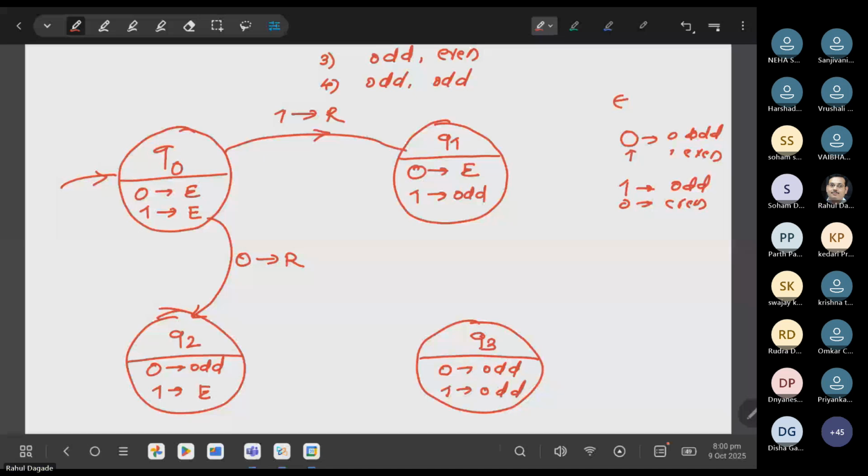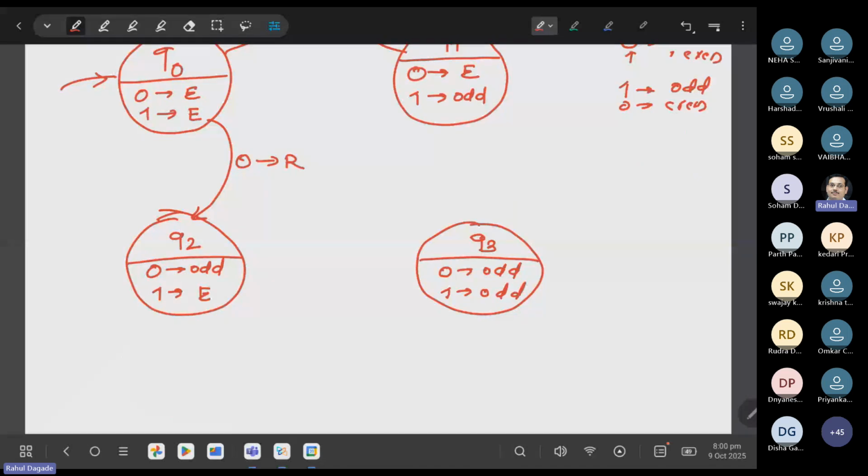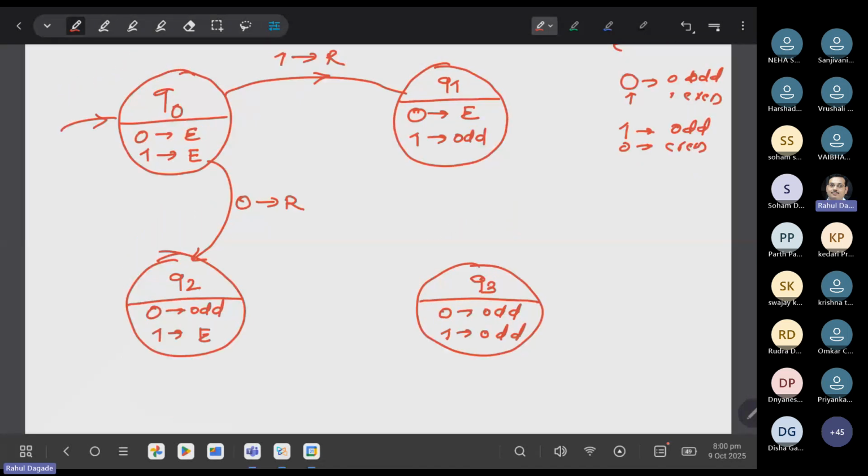Now in the Q2 state, right now 0 is odd. If I get one more 0, then 0 will become even, and 1 as it is is even. So that means we will come to the Q0 state.